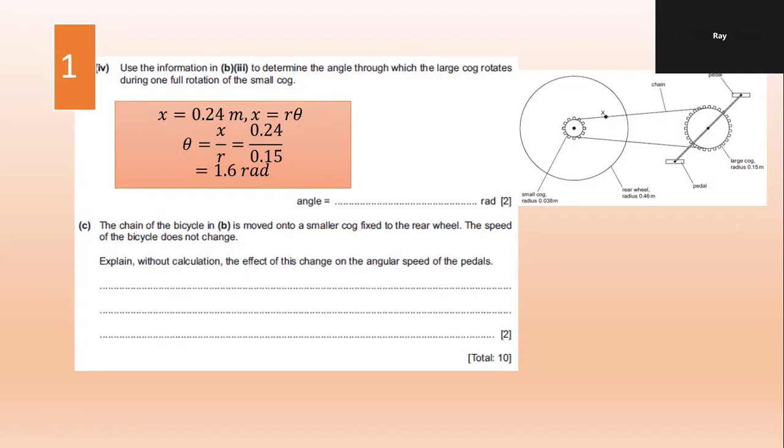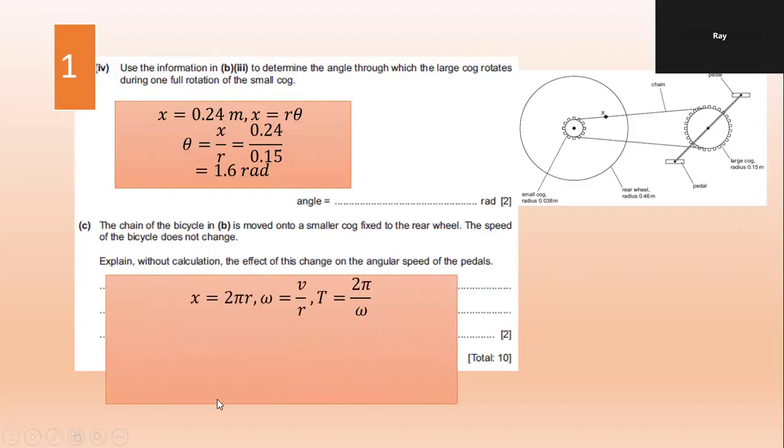The cyclist changes the bicycle so it moves onto a smaller clock fixed to the rear wheel. The speed of the bicycle does not change. Explain without calculation the effect of this change on the angular speed of the pedal. Right? This one is next. Formula to explain, right? Usually you use a formula to explain, no?